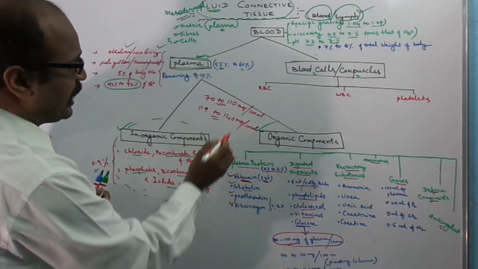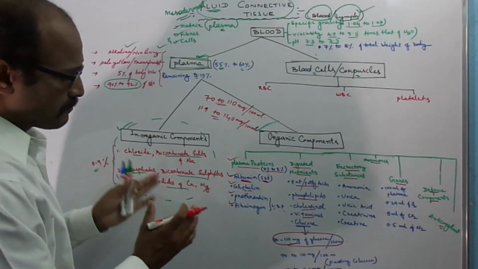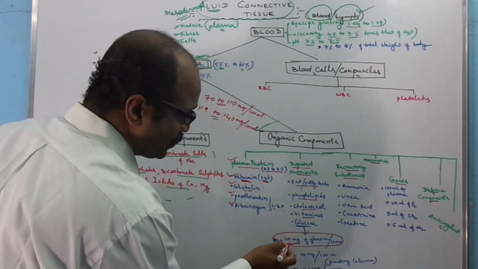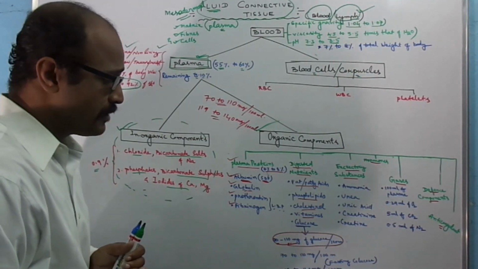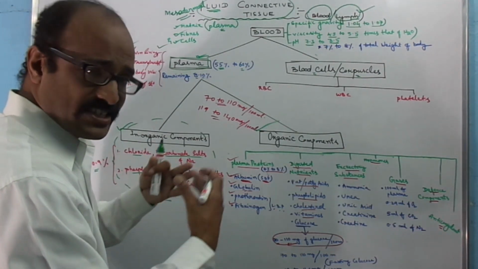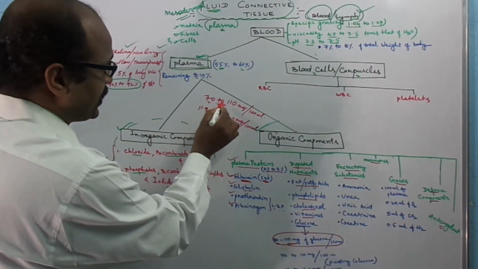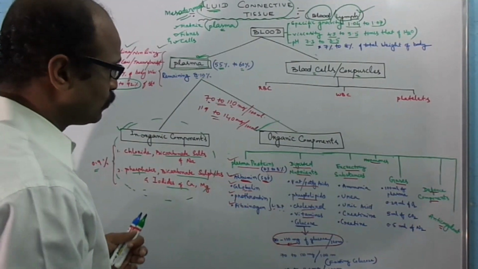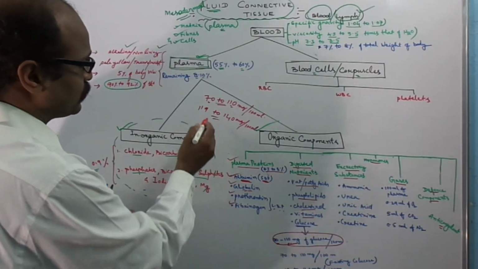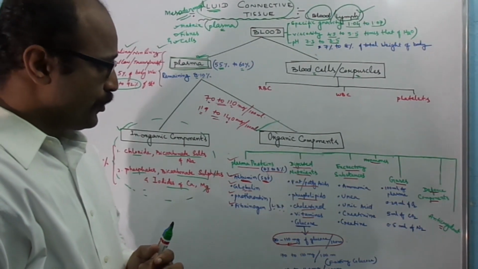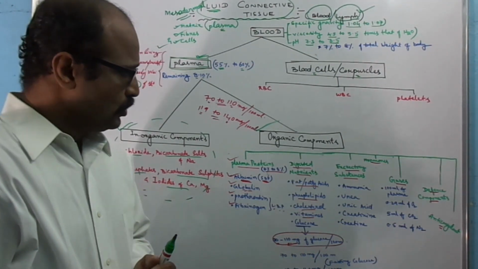Post-prandial means after breakfast. So normal glucose level in plasma is 80 to 110 mg per 100 ml of blood, in the fasting condition it is 70 to 110, and after breakfast it is slightly higher, 119 to 140 mg per 100 ml of blood.